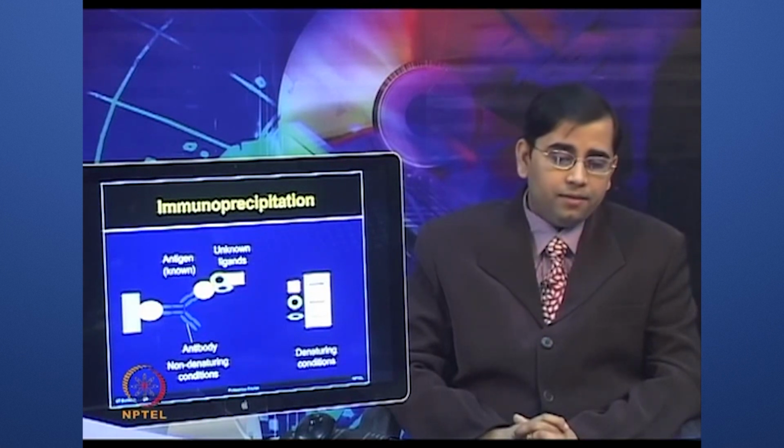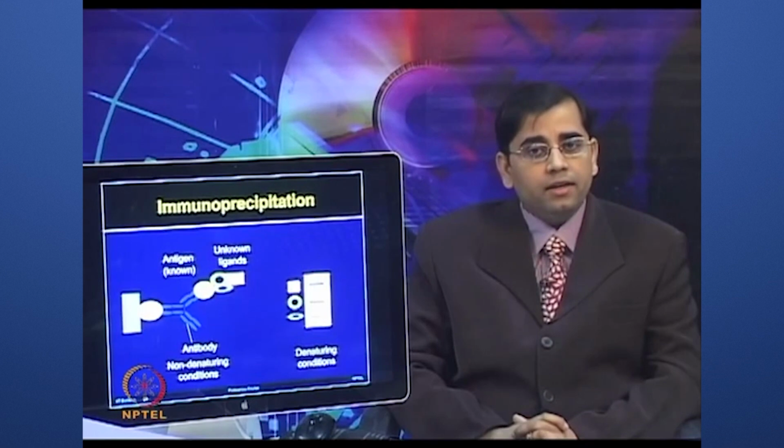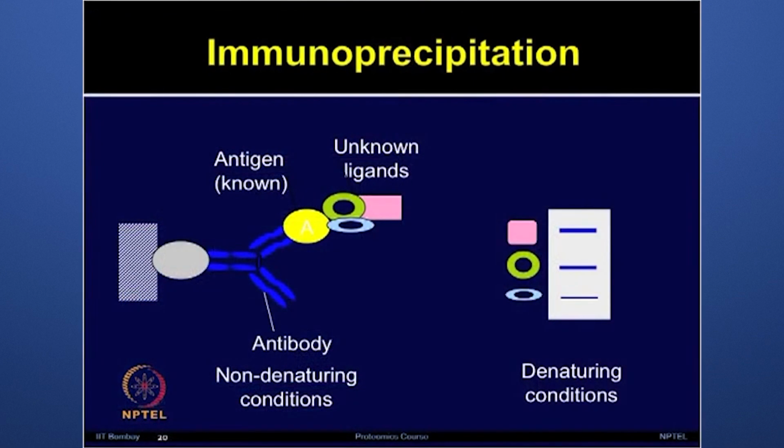As you can see on the slide, the antibody is binding with the antigen as well as the unknown ligands, and then this complex mixture is separated on the SDS-PAGE gel as shown on the right panel. Now, this will be a denaturing condition, whereas the first step was the non-denaturing condition.